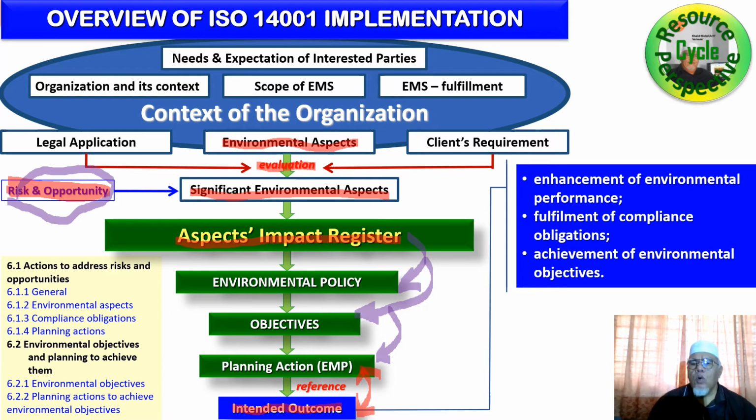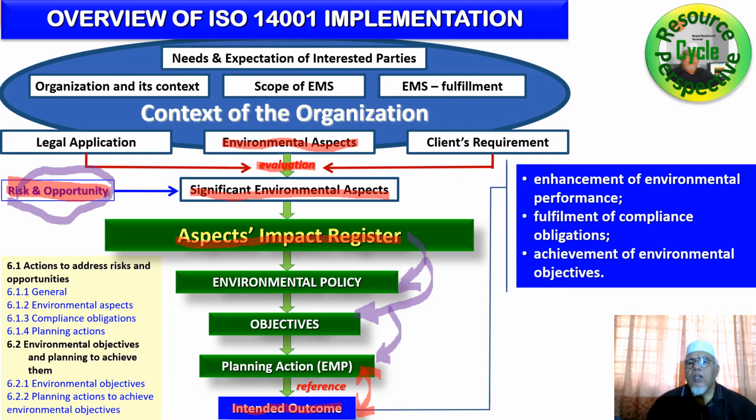It could be more than what you intended to achieve. Good. And please remember that ISO 14001 has put some specific elements in what's supposed to be an intended outcome.